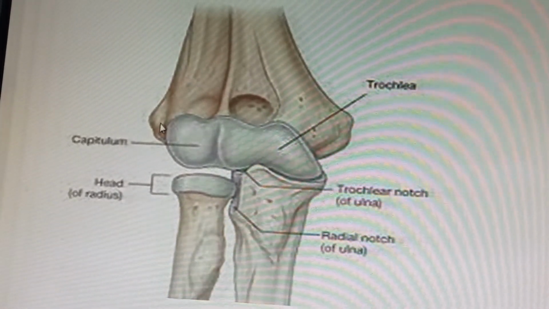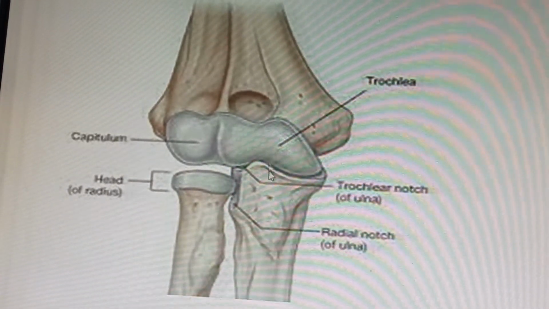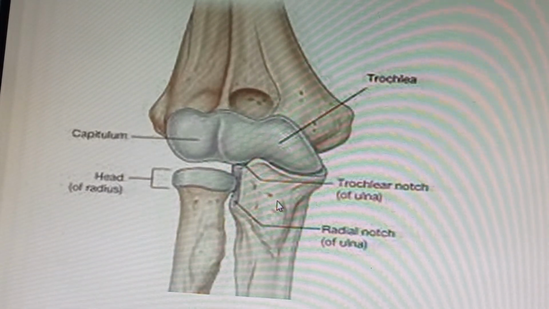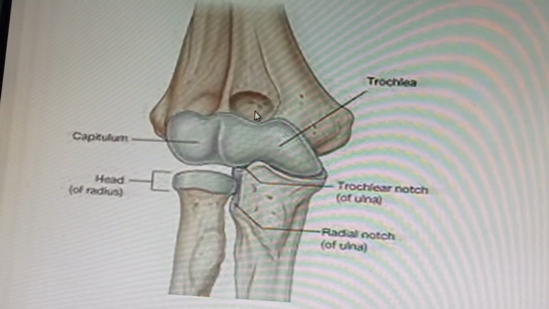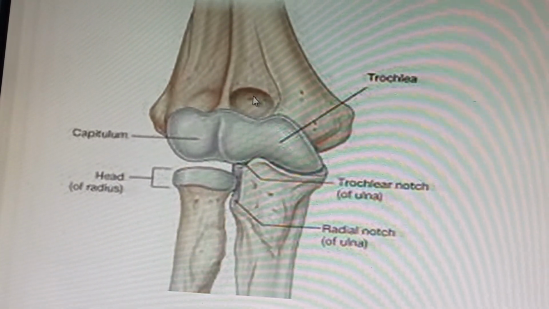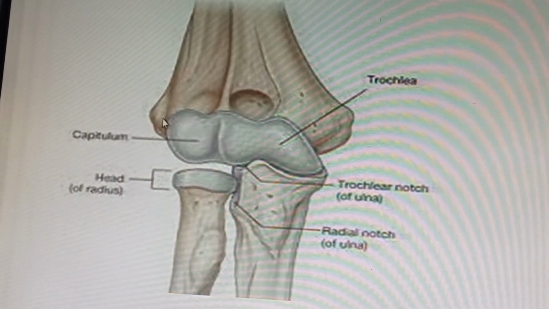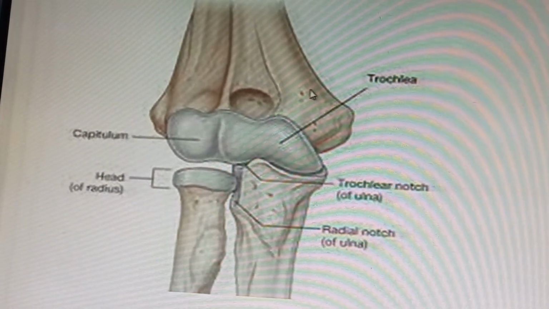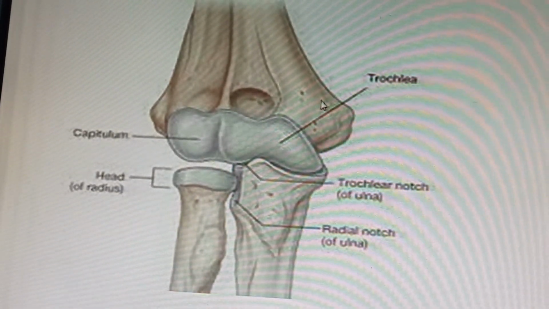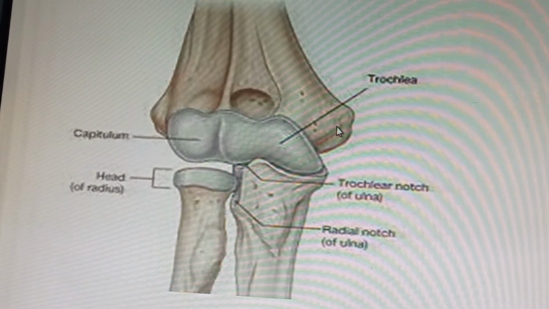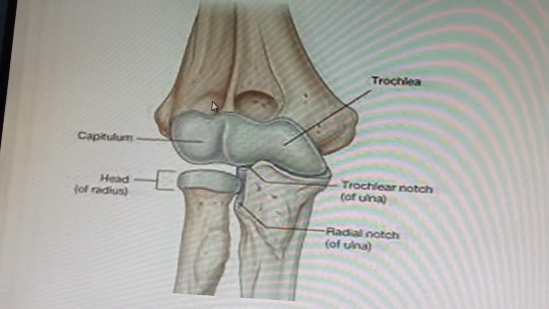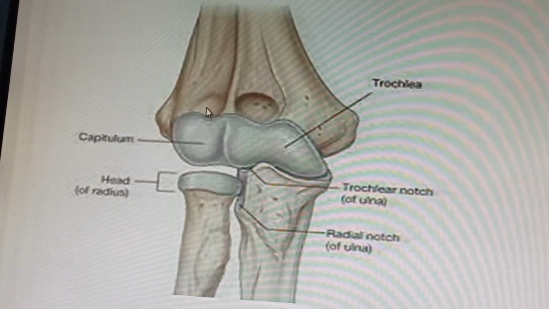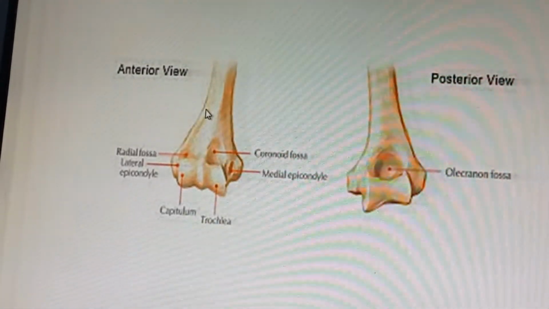You can see in this bone, the capitulum attached with the radius and the trochlea attached with the ulna. This is a small cavity, the coronoid fossa. This small projection is the lateral epicondyle, and this large eminence is the medial epicondyle. And this is the radial fossa. Above the capitulum, there is a depression which is called the radial fossa.